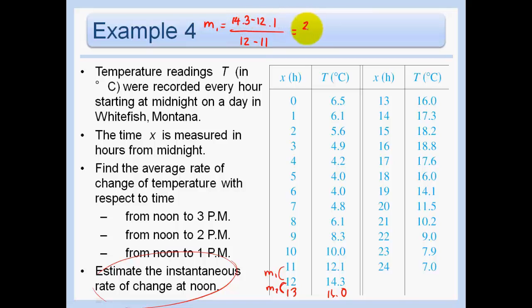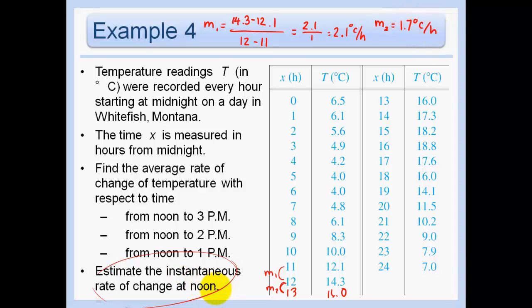So I get 2.2 over 1. Okay. And then our slope 2, we've actually already found to be 1.7 degrees Celsius per hour.